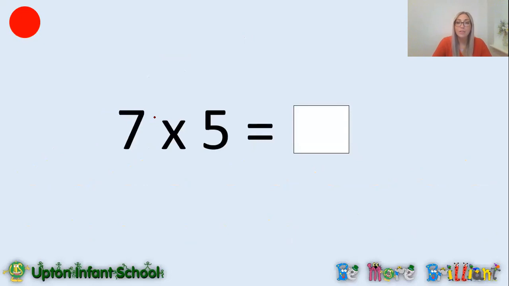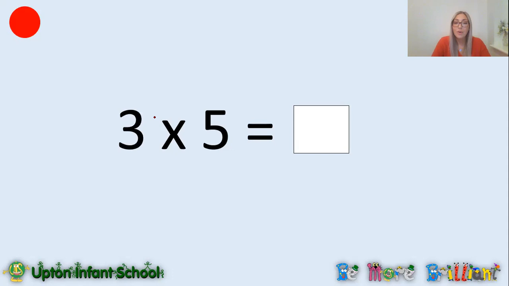Next one, you have got 7 times 5. So put 7 fingers up, counting in 5s. We're counting in 5s normally, but we are putting our fingers down. So 5, 10, 15, and keep going. See what you land on. Or again, if you want to, you can draw your counters. Which method works best for you?